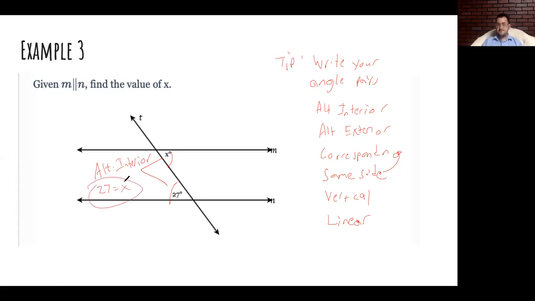So it makes sense because this is acute and that's acute as well. And this is only true, and we can only do this, if the lines are parallel. So M has to be parallel to N.